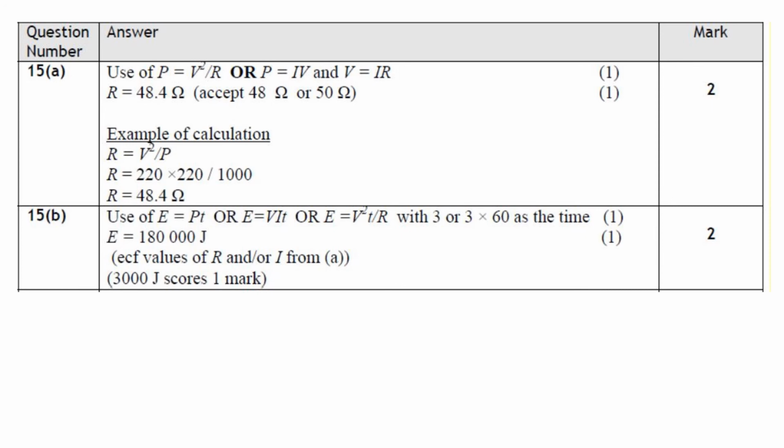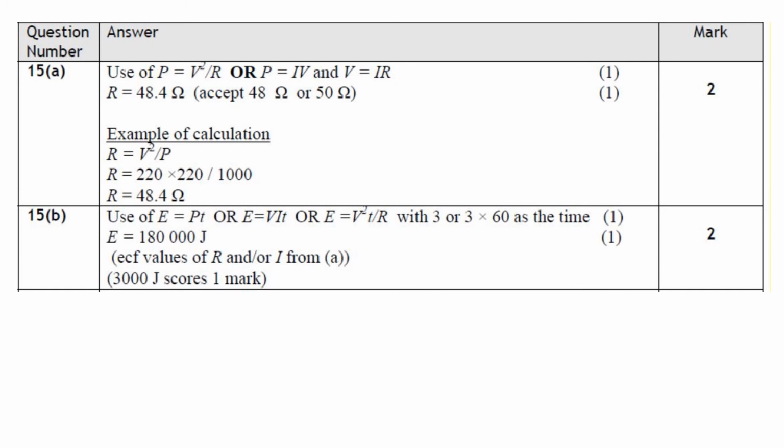Examples of calculations shown. 15B, 1 mark for use of energy equals power times time, or energy equals IVT, or energy equals V squared T over R, with 3 or 3 times 60 as the time. Energy equals 180,000 joules for the second mark, that's the correct answer.